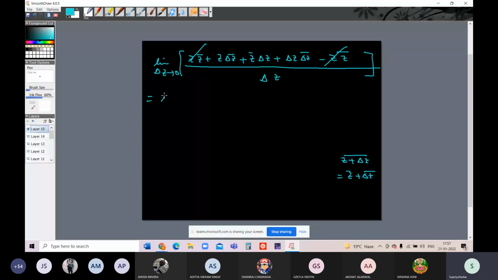Limit delta z tends to 0 of z into delta z bar upon delta z plus z bar plus delta z bar.